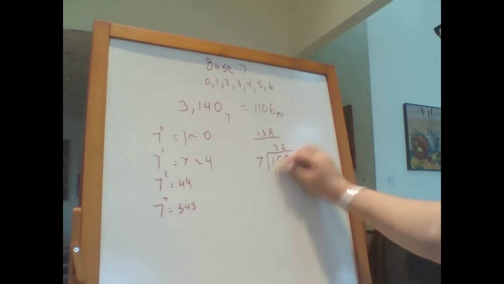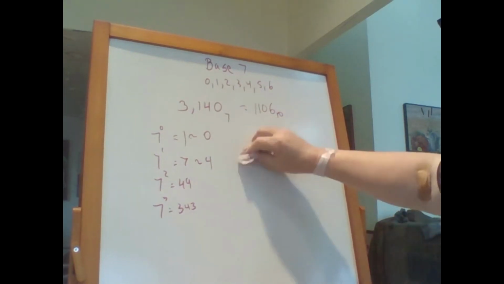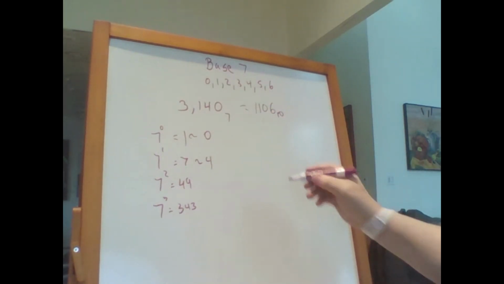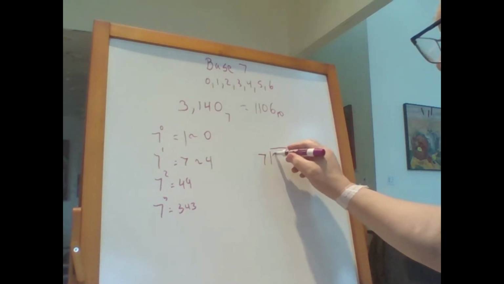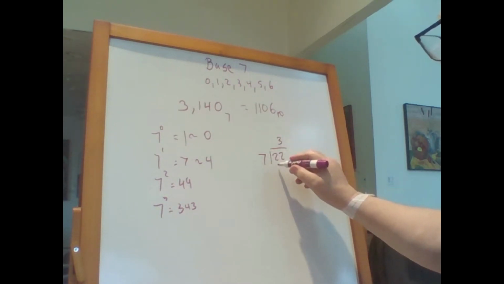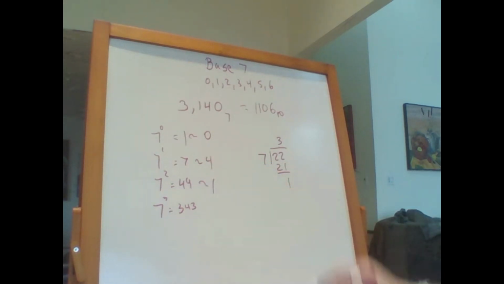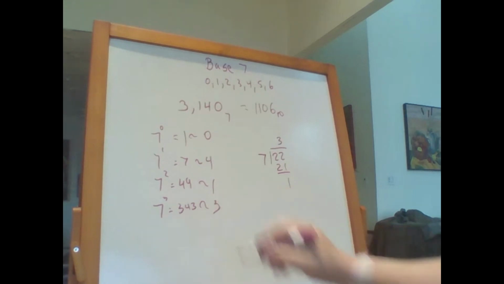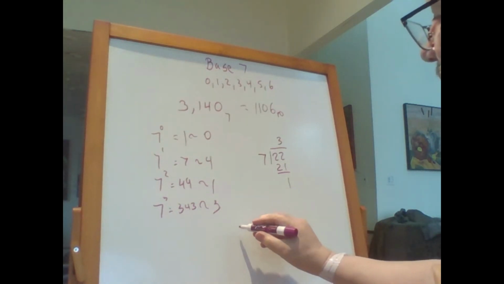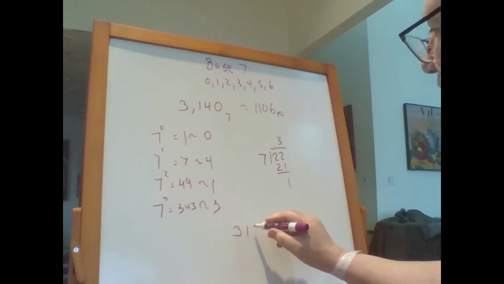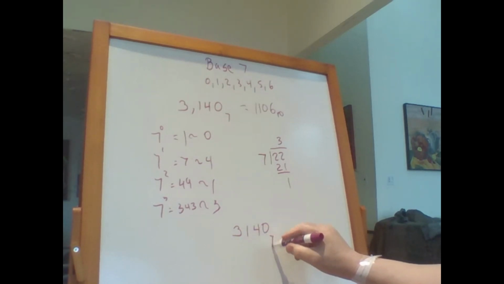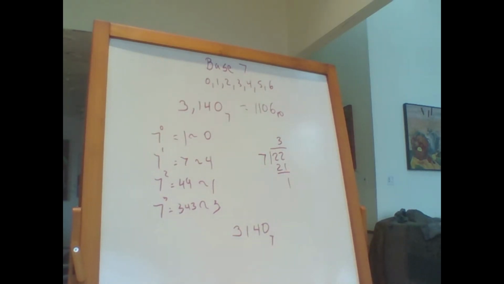We have 22 left. So we have 7 into 22, that goes 3, 21 with 1 left over, so that goes 1, and 3 goes there. So base 7, this is 3140 base 7. See, it's not so bad. It can be a bit time consuming.